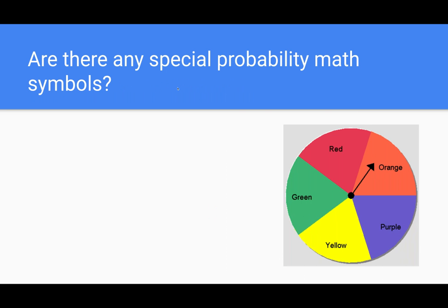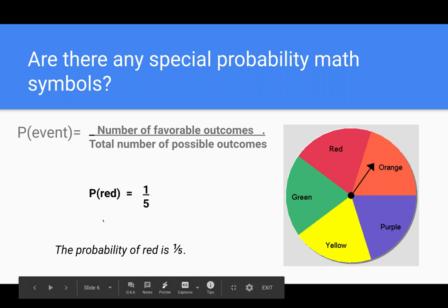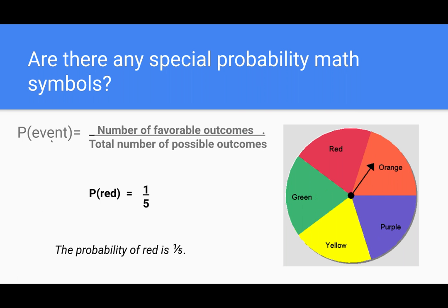Are there any special math probability symbols? Remember, math is its own language. We have a symbol for everything. Well, kind of. We have a P, and notice inside the parentheses, we're going to write the event, and the event will change. Here we are spinning a spinner. We could be rolling a number cube and wanting to land on the number 5. We could be deciding if it's going to rain.